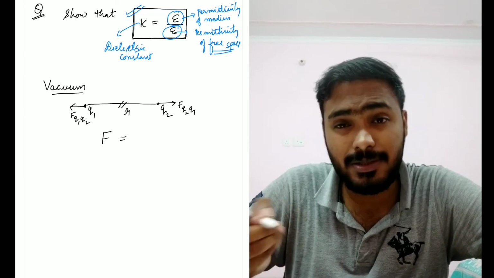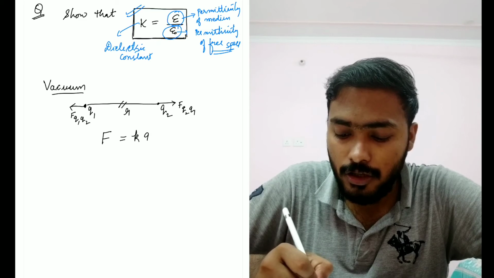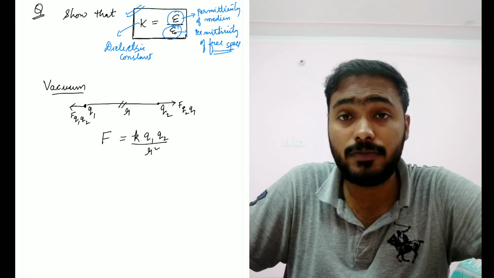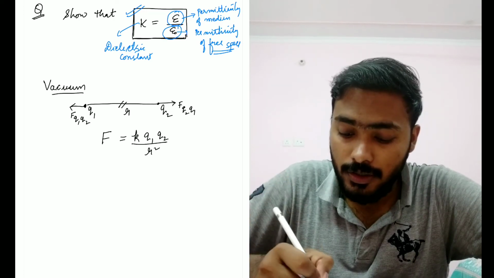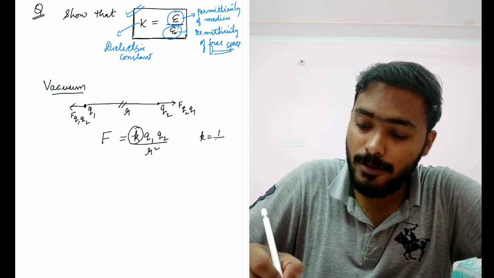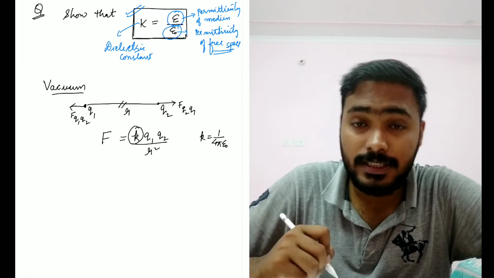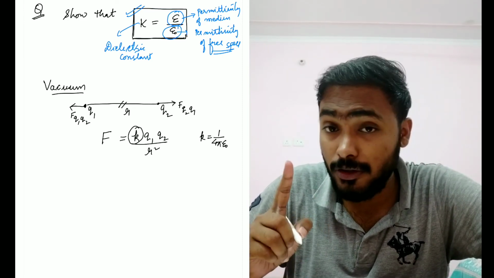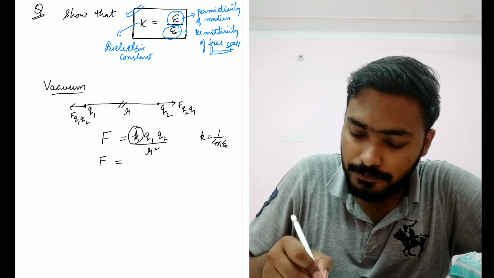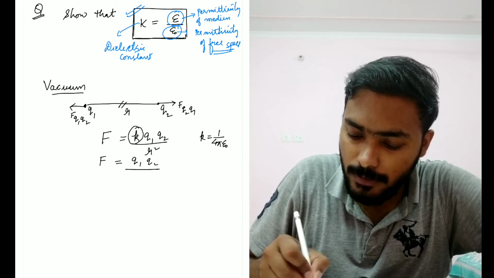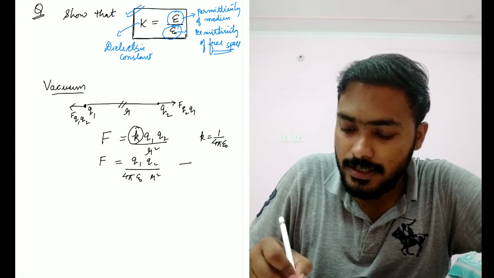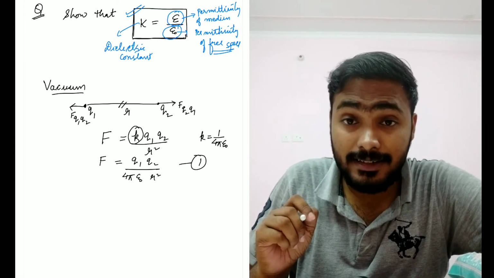This force of interaction will simply be written as k q1 q2 upon r square. This is something which we all know. Now you can also write this k as 1 upon 4 pi epsilon naught. Yes or no, right? Because we're talking about vacuum. So I can write F is equal to q1 q2 upon 4 pi epsilon naught times r square. This is my first equation. I hope that is understandable, right?